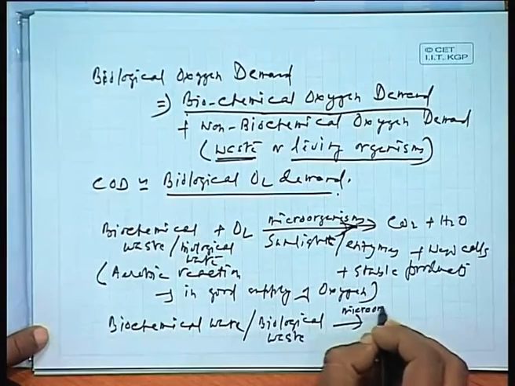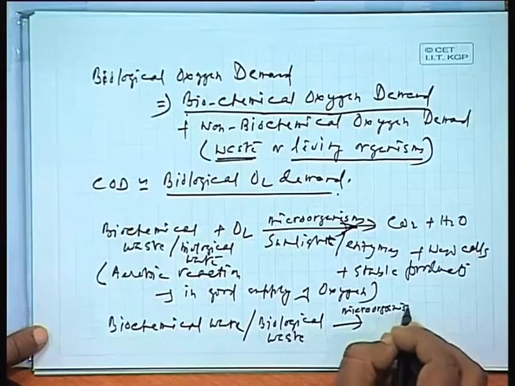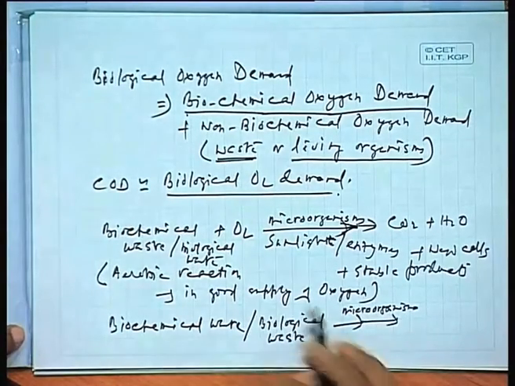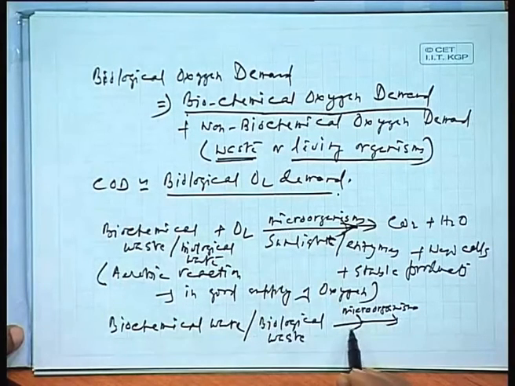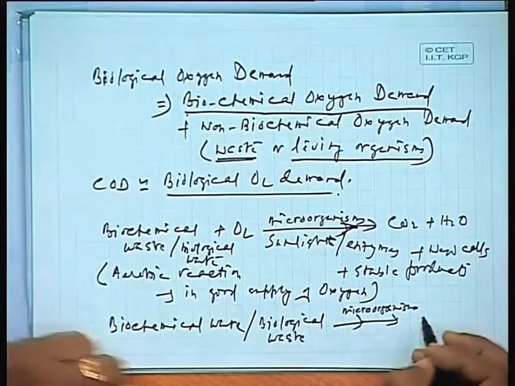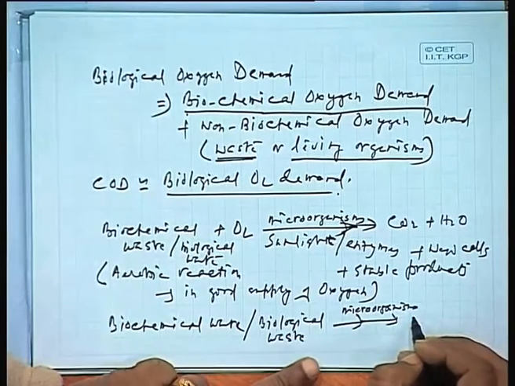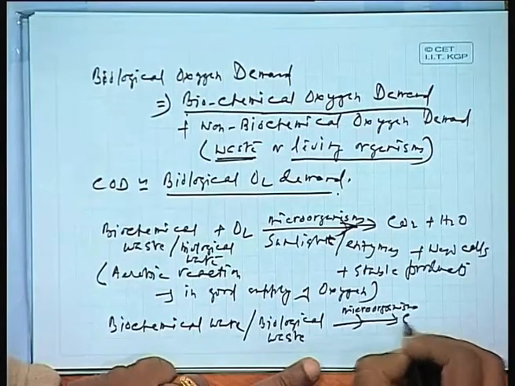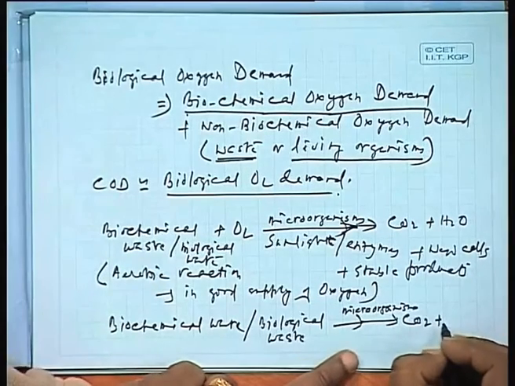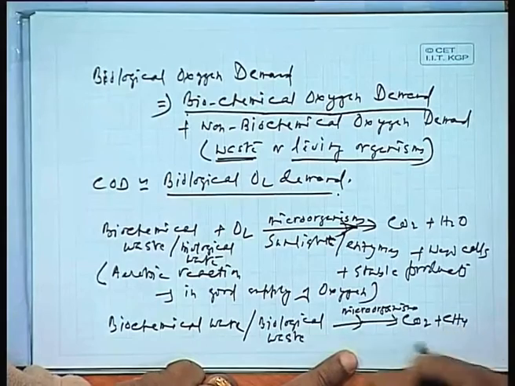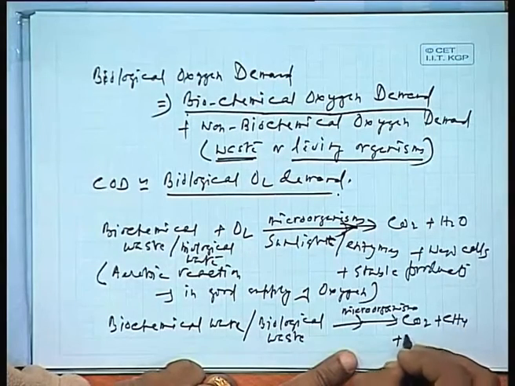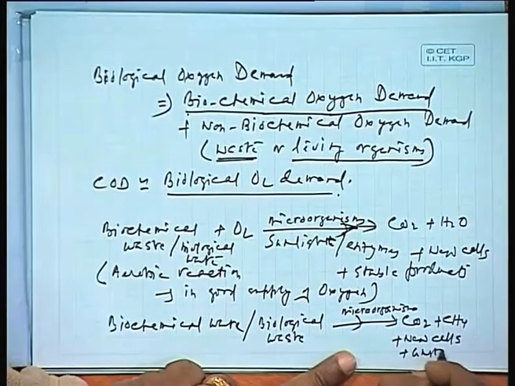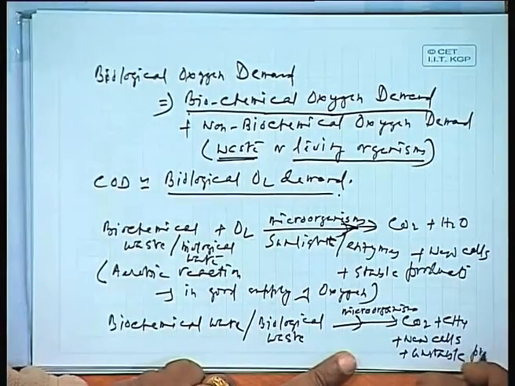But for your information, the microorganisms also change. These are aerobic microorganisms, they would be mostly anaerobic microorganisms, right? Aerobic and anaerobic microorganisms. Mostly in all these cases, we find CH4 plus new cells plus unstable products.